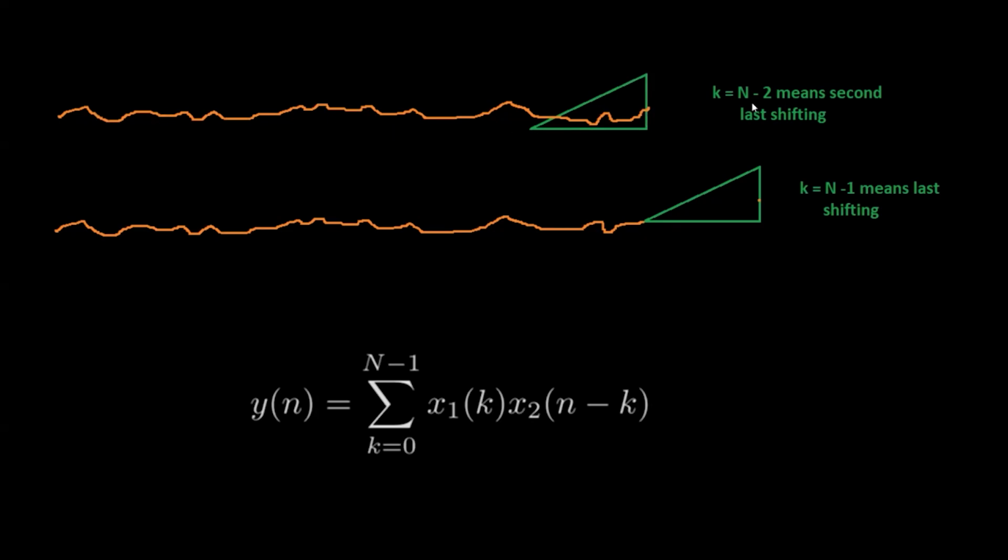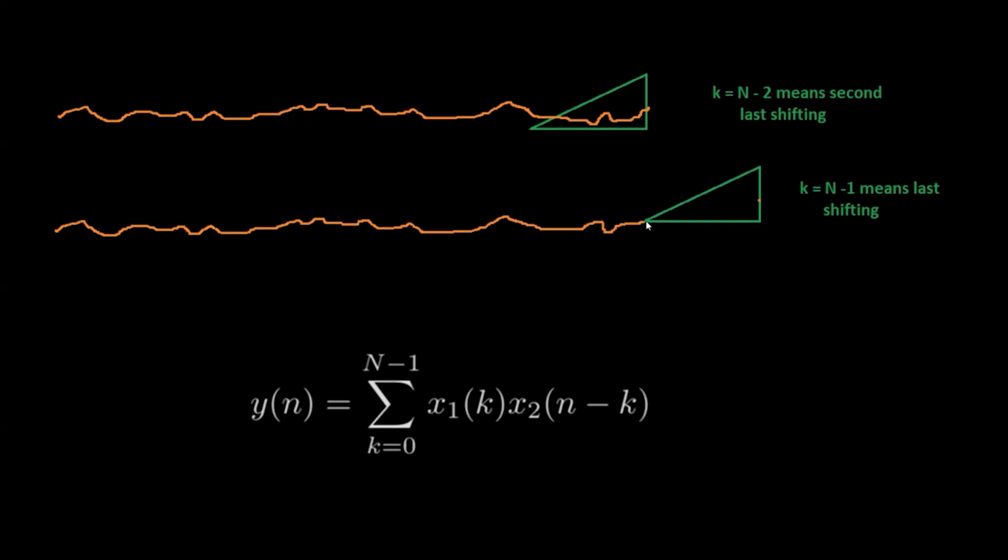At each step, we perform multiplication of the overlapping samples and add the results to get the convolution value for that position. As k increases, the kernel continues to move across the signal. When k equals n-2, we reach the second to last shift. According to the equation, the last shift occurs when k equals n-1.